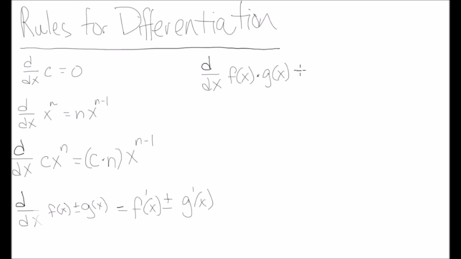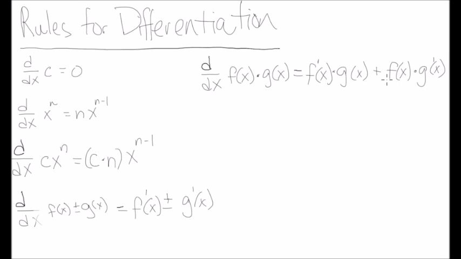For multiplication, if you want to take the derivative of two functions multiplied together, what you need to do is take the derivative of the first function and multiply it by the second function, not its derivative. And then you add to that the original first function times the derivative of the second function.